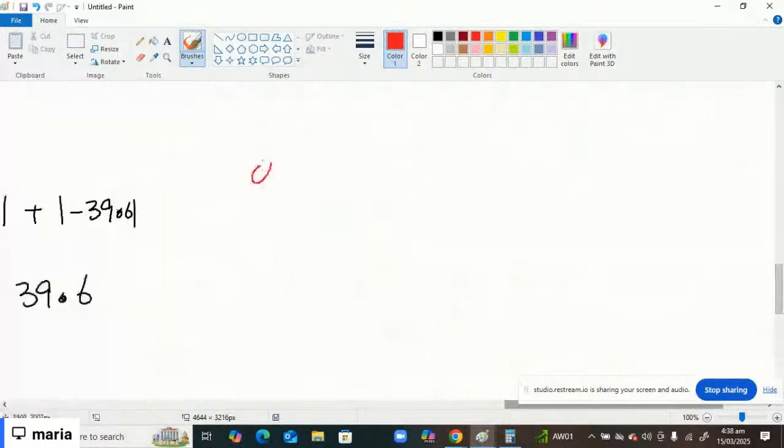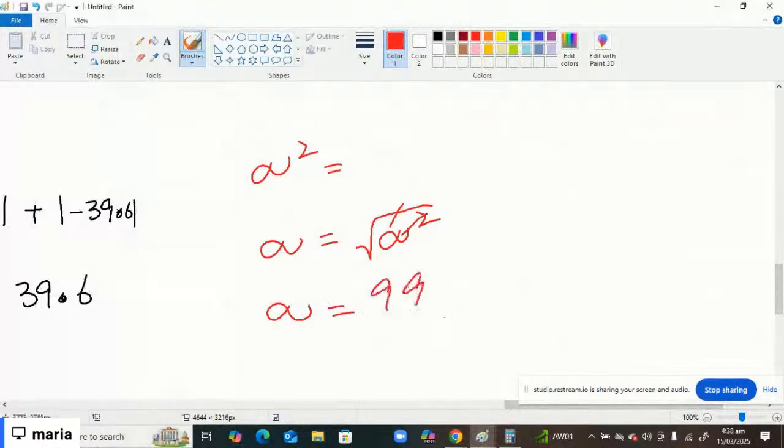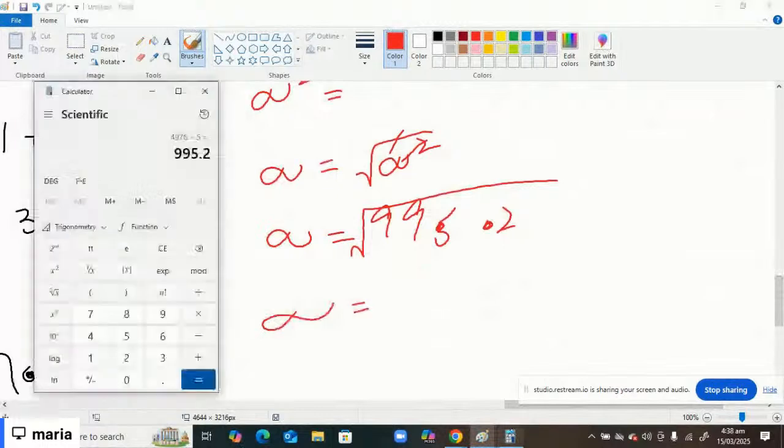Now for the standard deviation, what do we do? This is the variance. For the standard deviation, we are going to take the square root of the variance. Understand? So what is the answer? Taking the square root of 995.2. So our standard deviation is, where is the square root? Here it's not given the square root.